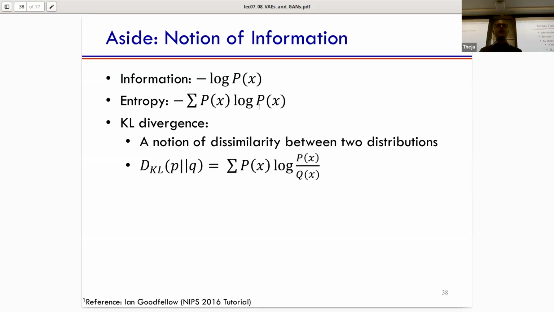Now compare that to another binary random variable, this time a fair coin toss. So it's 50% chance of being heads and 50% chance of being tails. Then the average information content is going to be higher than the previous case. Okay. Why? Because a priori it's either heads or tails. You can't predict it.